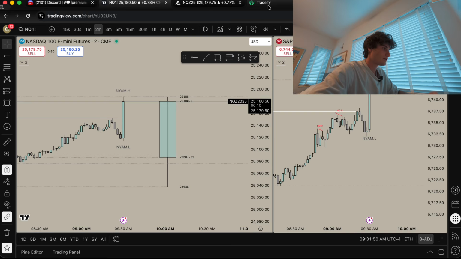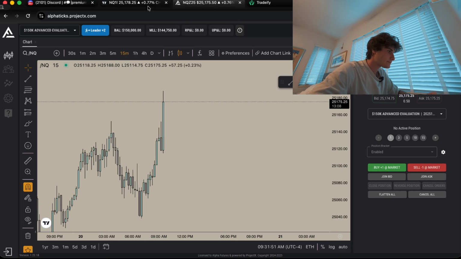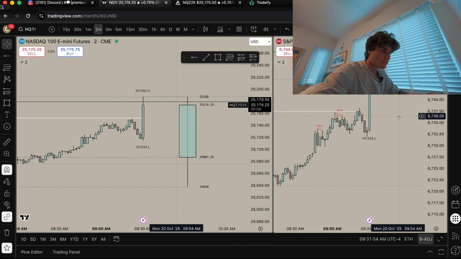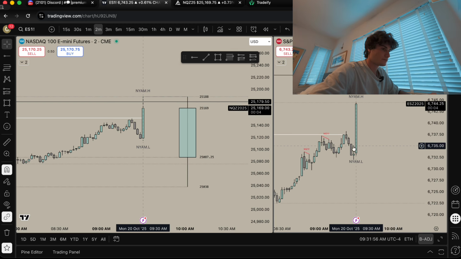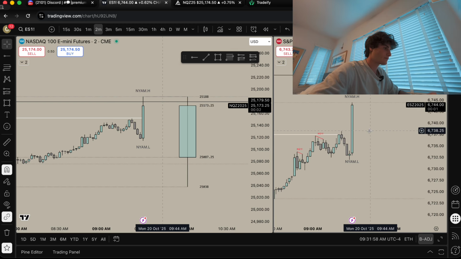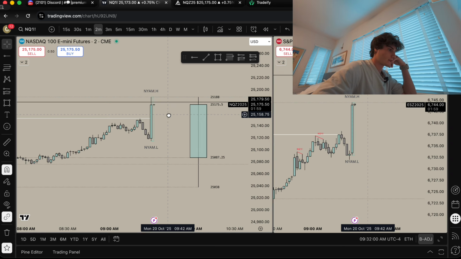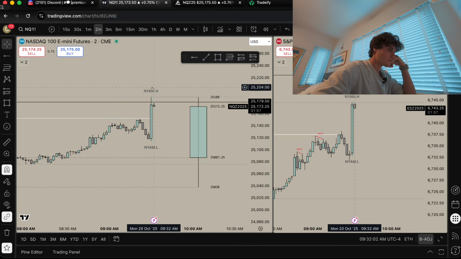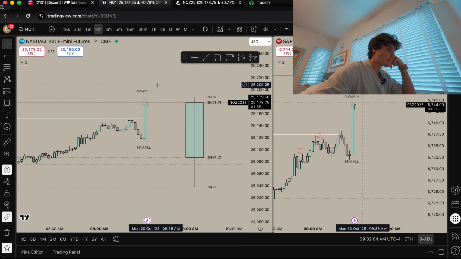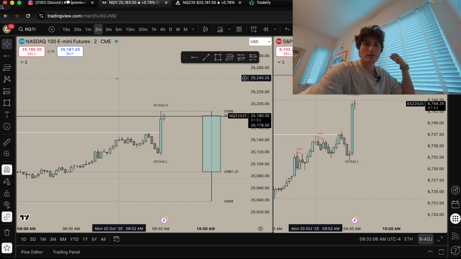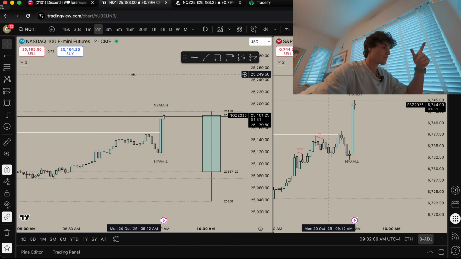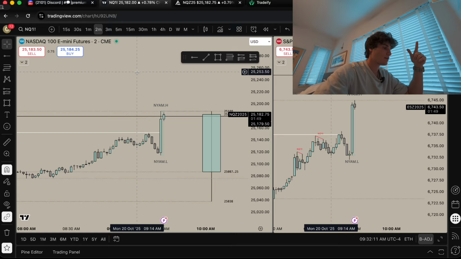Okay, Tradeify is still not working. It's always nice. All right. So again, guys, remember the criteria for me to enter a trade is lower time frame SMT, inversion, and obviously the higher time frame PD array liquidity sweep.